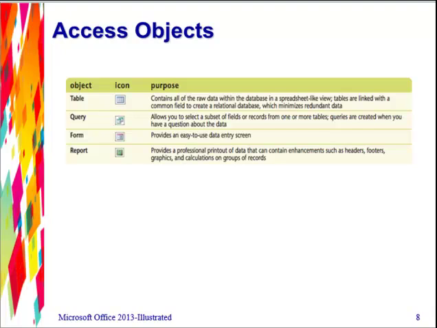The table is what's going to contain all the raw data. It's going to be a listing of all the content for that table in specific and that grouping of entities. A query is going to allow you to make a subset of data where you're going to pull data from 1 or more tables to make the reports that you create. A form is an easy-to-use data entry screen.